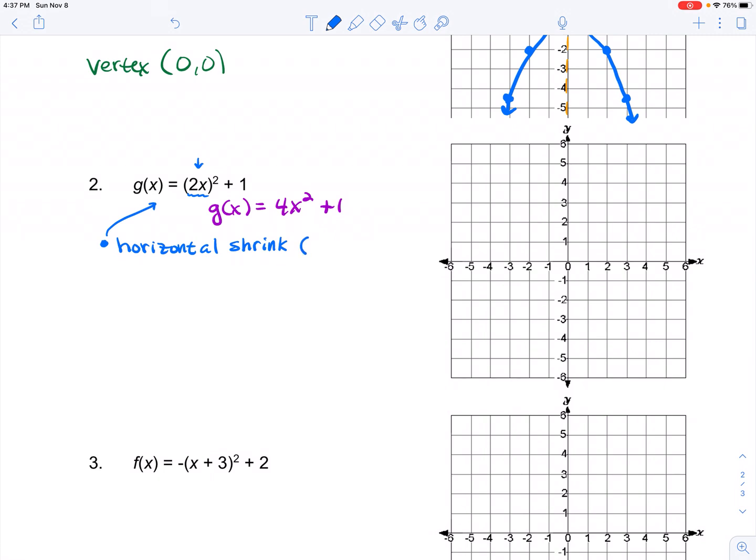Which means it's going towards the y-axis, because a is greater than 1.